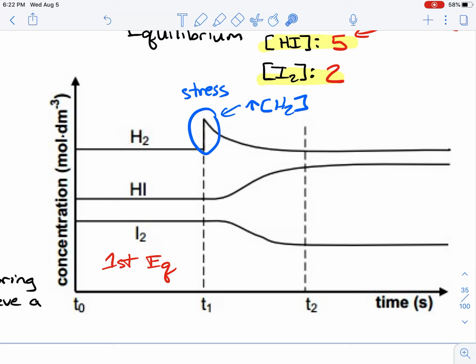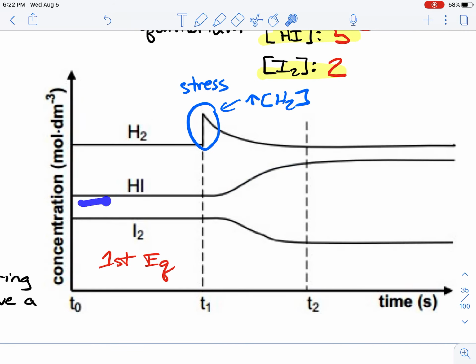And so to counteract this stress, I2 will be consumed as well as the H2. So notice how the slopes are kind of both pointing down. So H2 will be consumed as well as I2, which are both reactants. And at the same time, products is going to be produced.